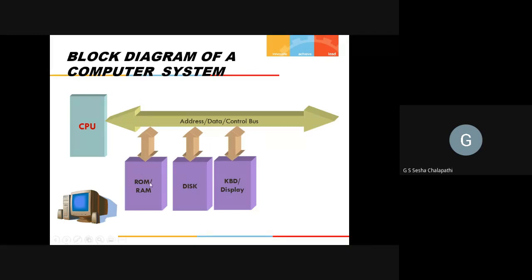It also controls the secondary memory, which is your hard drive, HDD, or solid state drive, and other input output devices like keyboard, display, etc. It communicates to all these peripheral devices through an address, data, or control bus. Now this bus is the one on which it sends the data or address or control signals.